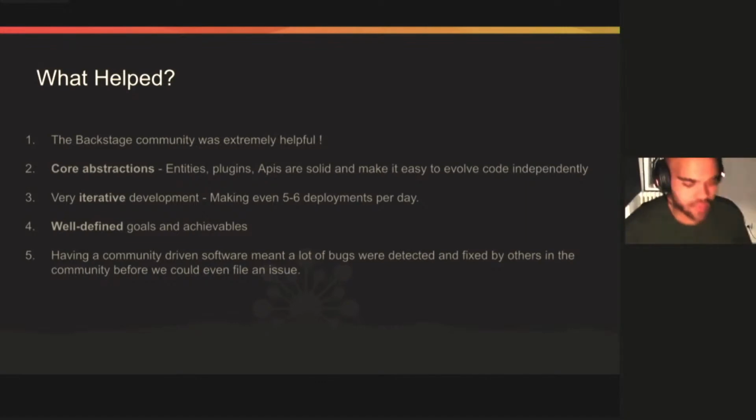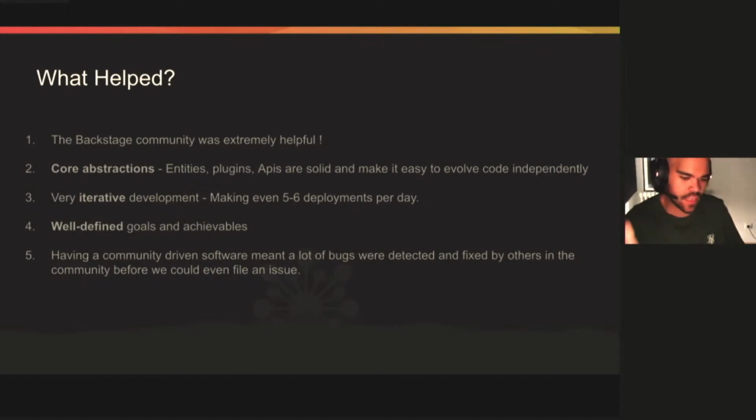And we felt that it would be very difficult, in the sense that Backstage has a lot of plugins. It has a lot of progress happening while you are doing things. And if we didn't have those goals and those achievables, we might have lost ourselves in that.